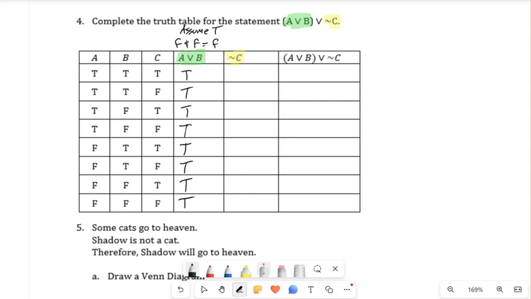And now we're looking at A and B specifically, so don't even look at column C for this analysis. We're looking for a situation where there's false and false. If you look at the bottom two rows, we have false and false. Those are the ones where we're going to change the assumption. That column is done.